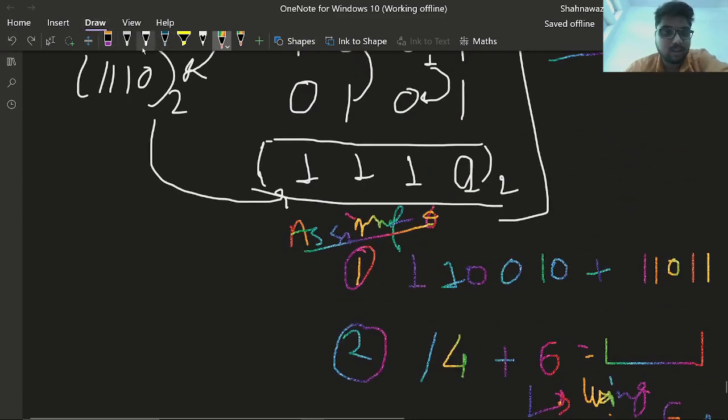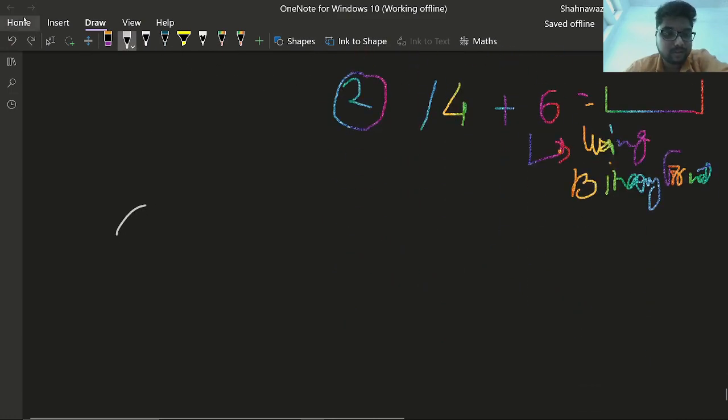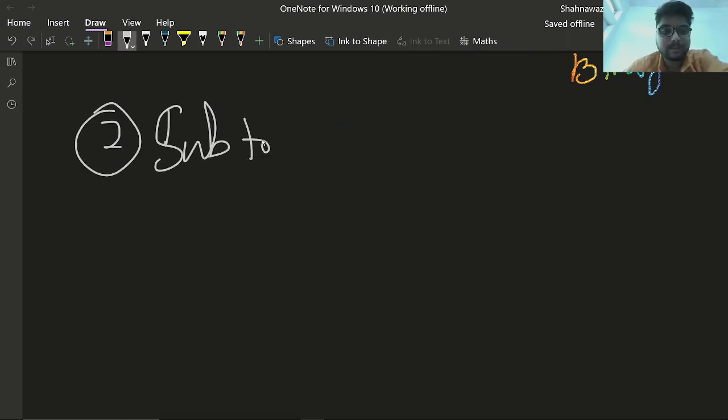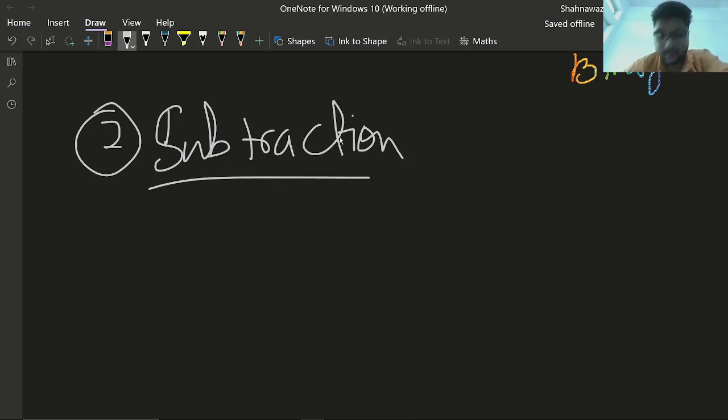All right, now moving forward. We have another operation, that is subtraction. Ordinarily, subtraction is done in three different ways. First is the very ordinary method, which is the borrowing method.